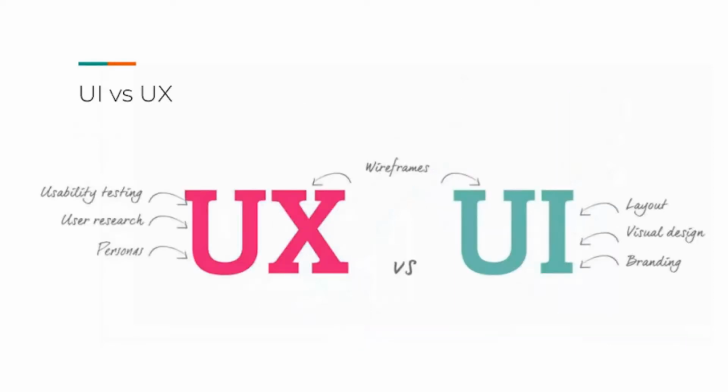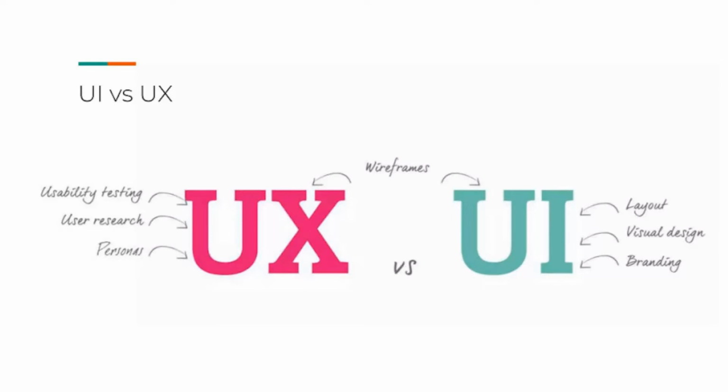So we have this diagram that says UX and UI. In the UX aspect, we have usability testing, user research, personas, information architecture, and user flow.